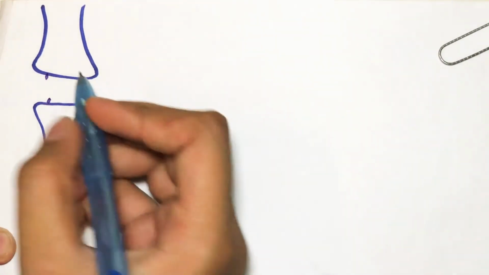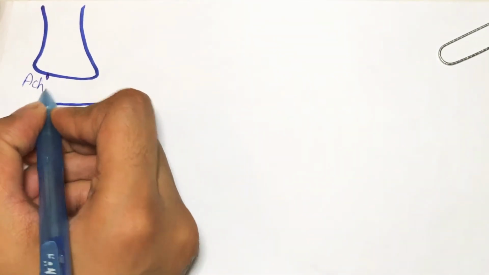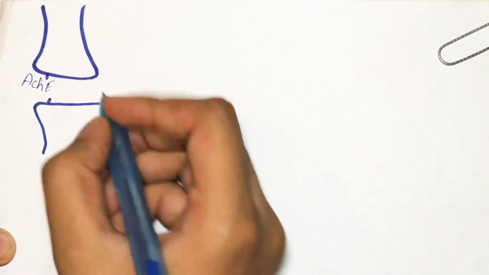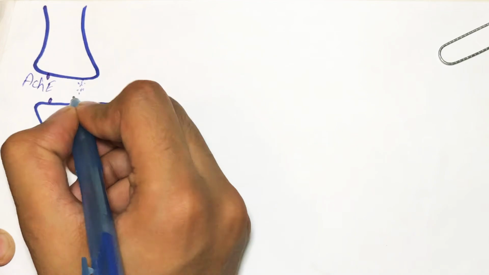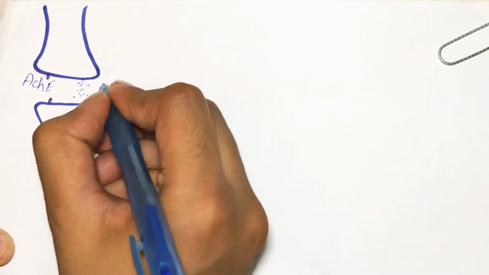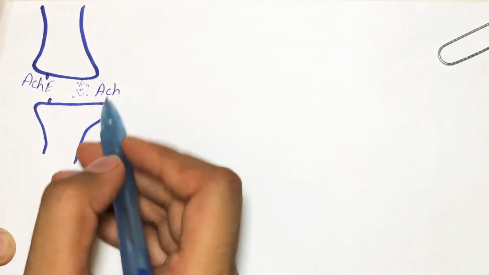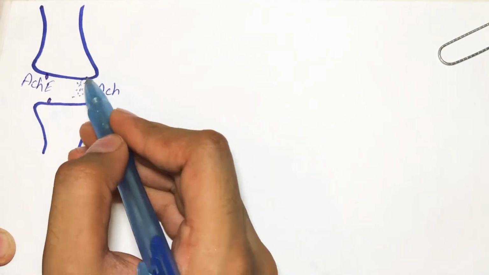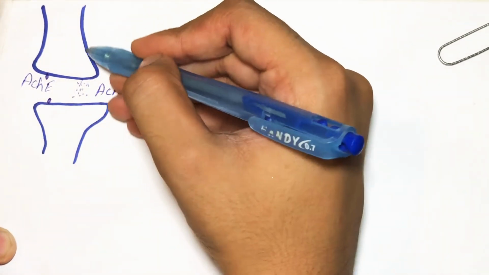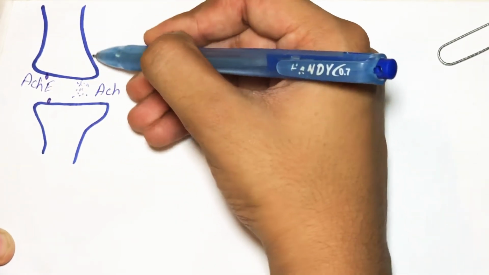It is a membrane bound enzyme which is involved in cleavage of acetylcholine, which is released into the synaptic cleft. Like if the synaptic cleft is now filled with acetylcholine because of the action potential coming across this neuron.